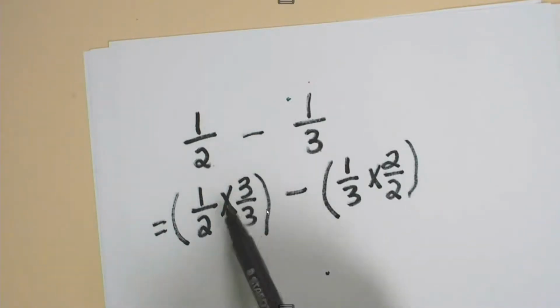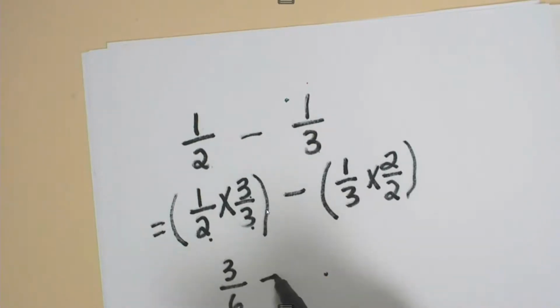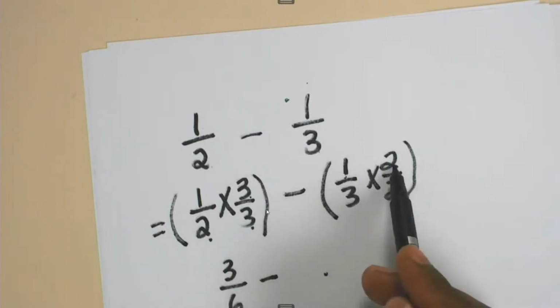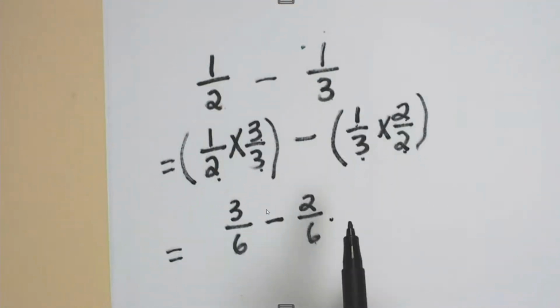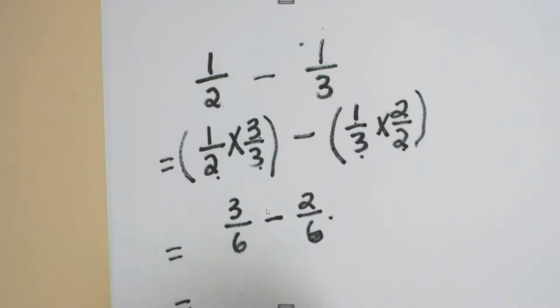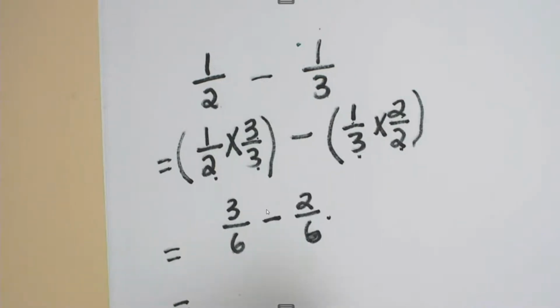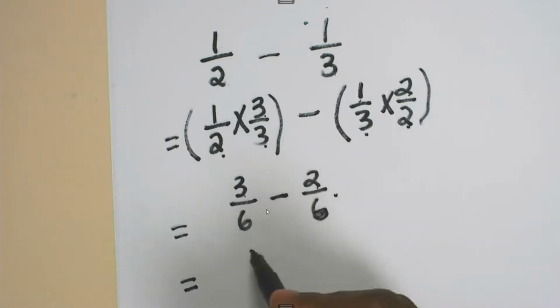Where now we'll say 1 multiplied by 3 equals 3. 2 multiplied by 3 equals 6. Minus 1 multiplied by 2 equals 2. 3 multiplied by 2 equals 6. Now the denominators are the same, which means now we can subtract the numerators. 3 minus 2 equals 1.